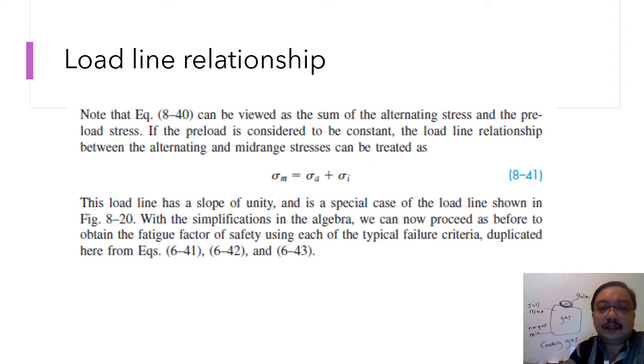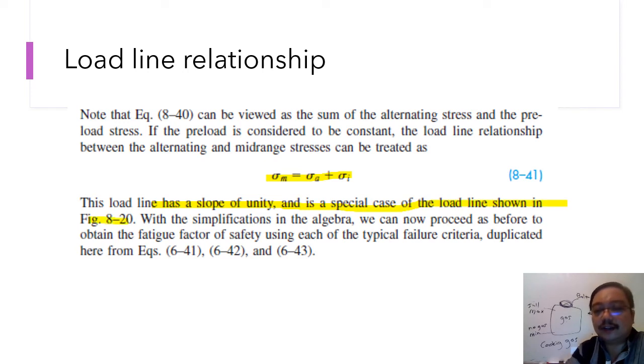The load line relationship. We know the equation 8.40 can be viewed as the sum of alternating stress and the preload stress. If the preload is considered to be constant, the load line relationship between the alternating and mid-range stress can be treated as this equation. The alternating load, the mid-range stress, the alternating load plus the initial stress. Load line is a special case of the load line shown in figure 8.20.